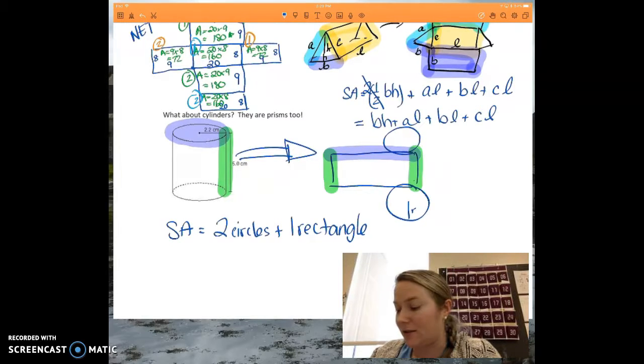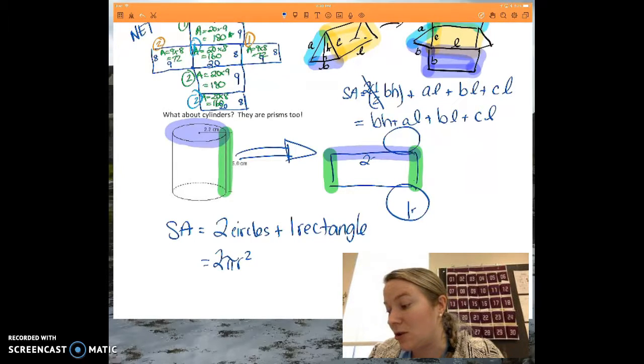And for a circle, we remember the area of a circle is pi r squared, so we're going to multiply that by 2. And the rectangle, funnily enough, remember how I said that the distance around the circle was the same as the length of the rectangle? What's another way to say the distance around a circle? That's the circumference. The circumference is 2 pi r.